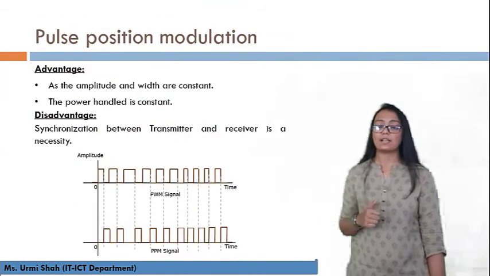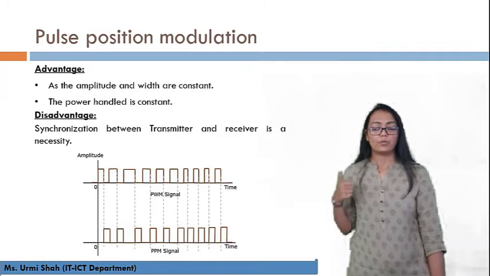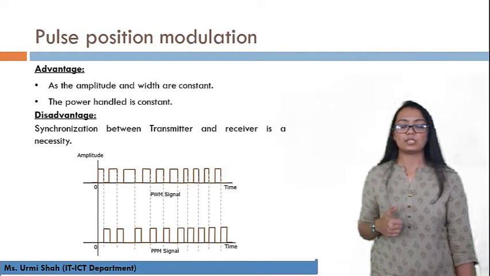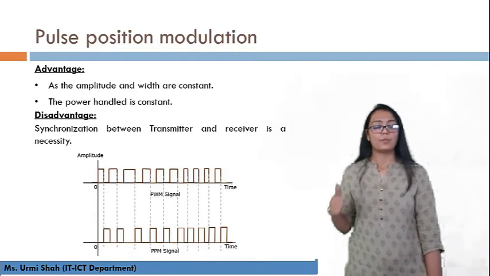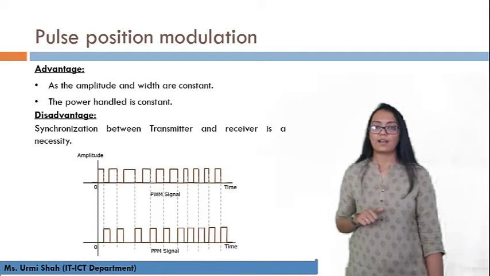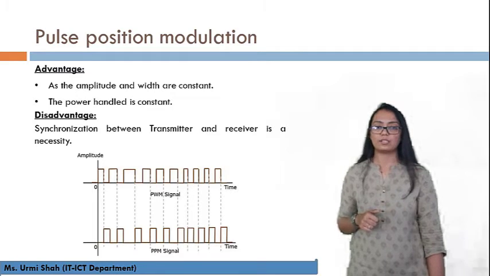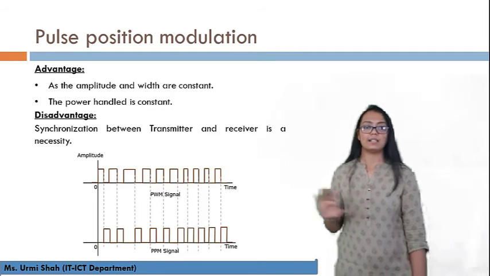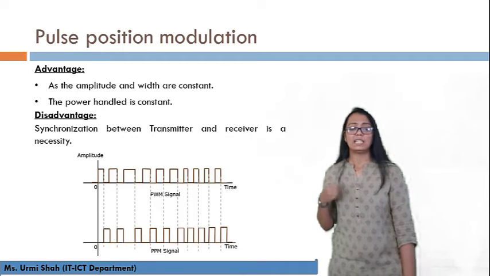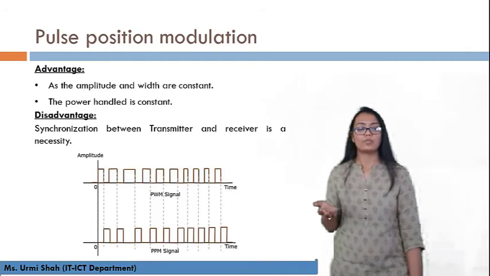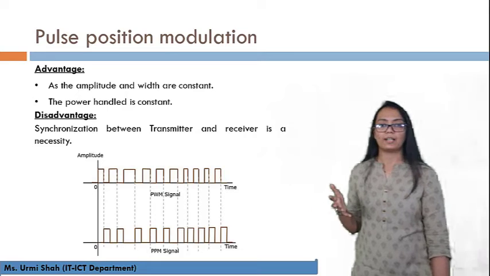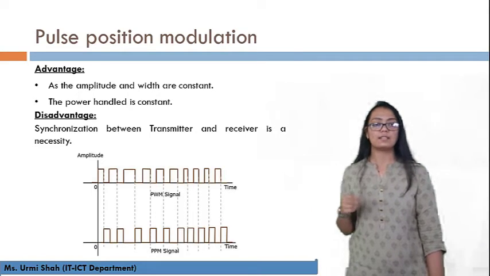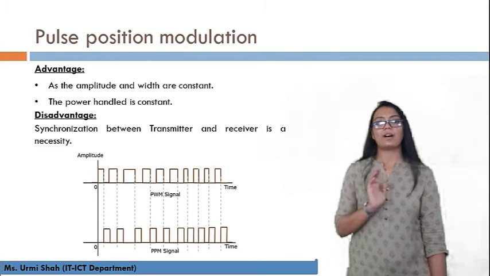Now, what are the advantages of pulse position modulation? Basically, as the amplitude and width remain constant in pulse position modulation, the power handled is constant. In any circuitry, if you are designing any product for the market, the basic requirements are speed, cost and power.